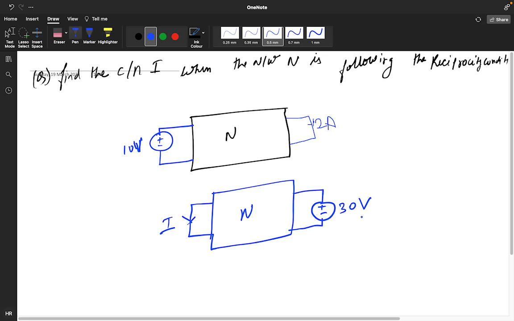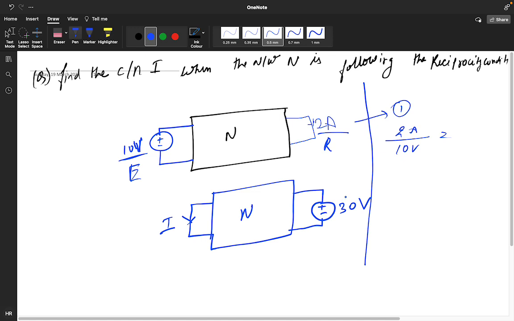See, reciprocity theorem means response by excitation will always be the same. Which is our response? This output will be the response. And what is the excitation? This is our excitation. In a particular network, the response to excitation ratio will always be the same. What is the response value we are getting? 2 ampere. What is the excitation value? 10 volt.